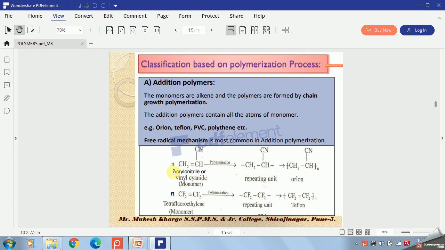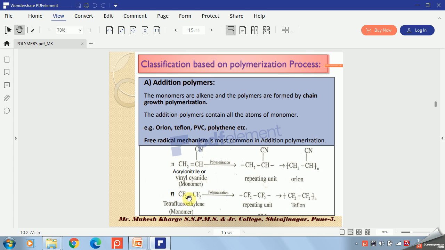So for example, when acrylonitrile or vinyl cyanide undergoes polymerization, the repeating unit is -CH2-CH(CN)-, with CN remaining as a branch group, and it will form (-CH2-CH(CN)-)n. The compound is Orlon. So monomers get added.